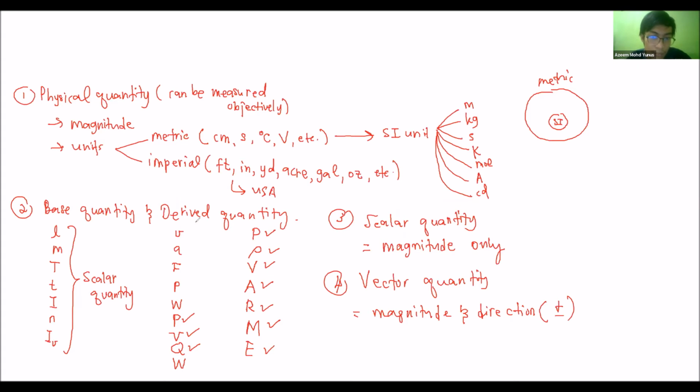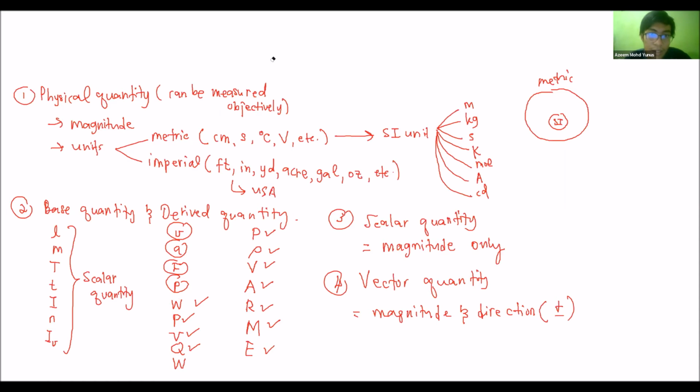The ones that we don't mark are actually vector quantities. So we have velocity, acceleration, force, momentum. Sorry, this is work done.